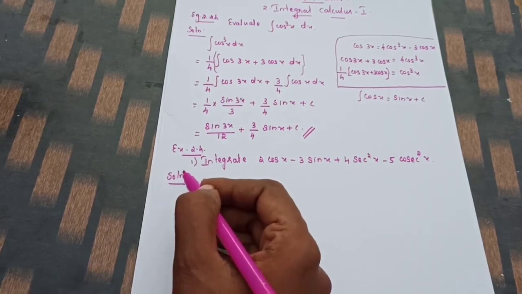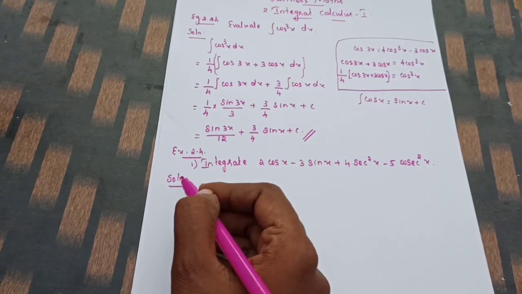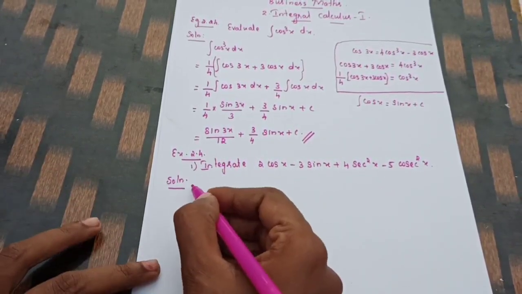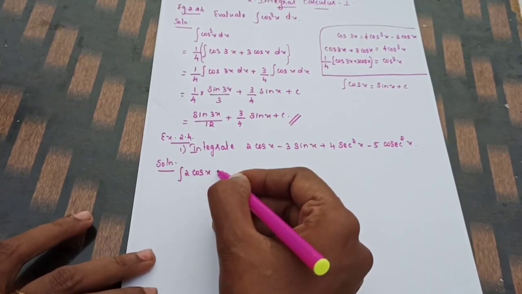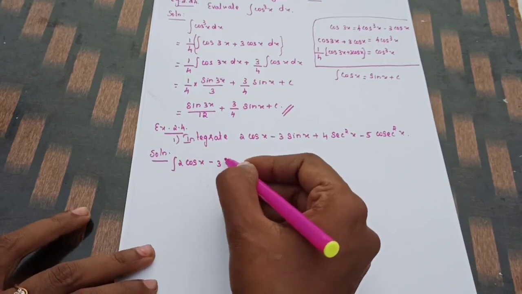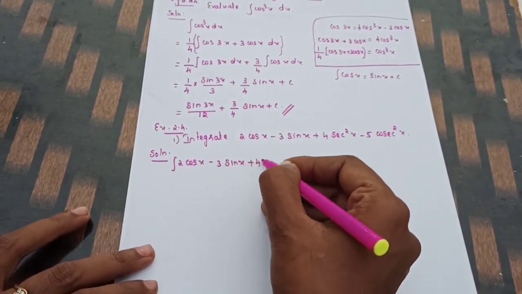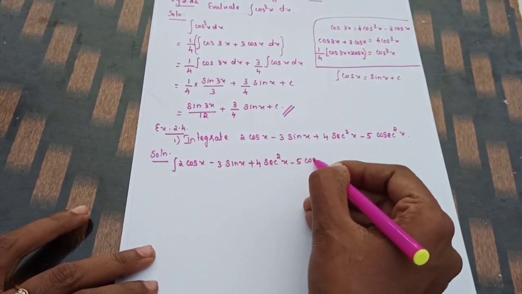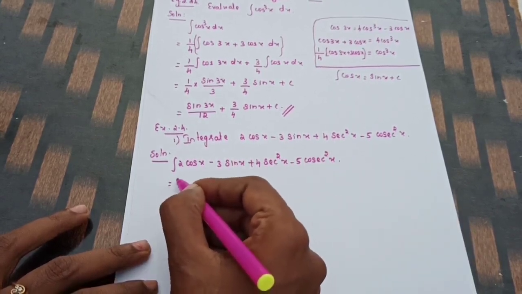We are going to evaluate this one. So what will we do here? We are going to find all the integral values, and everything here you already know. So the integral of 2 cos x minus 3 sin x plus 4 secant square x minus 5 cosecant square x is equal to, 2 is a constant.